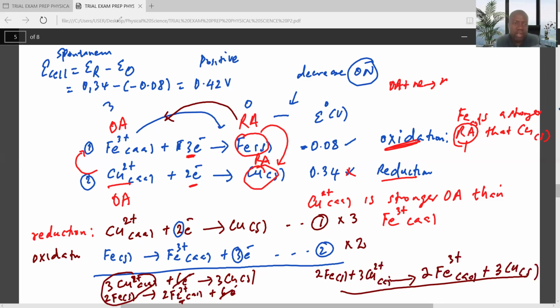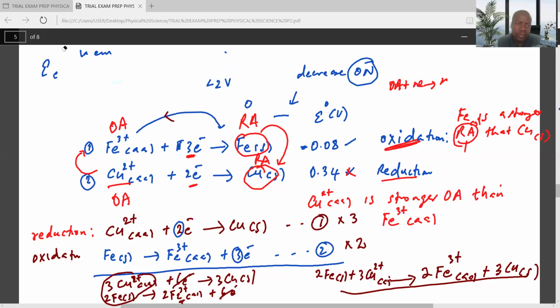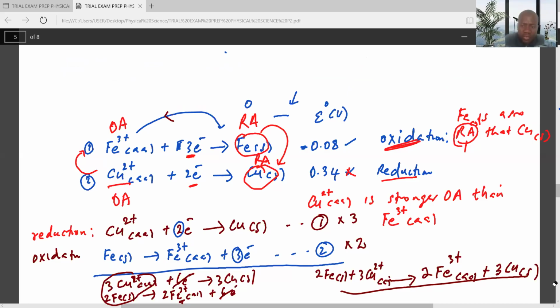That's why within this you are able to write the cell notation. Anode, salt bridge, cathode. Because remember, the one that undergoes reduction is the one that will be at the cathode.